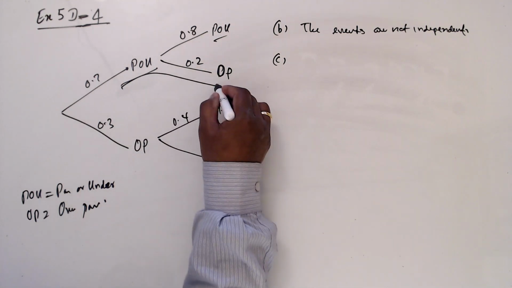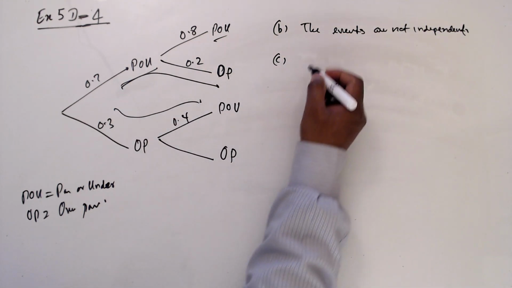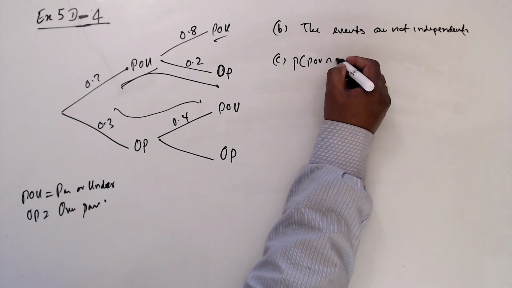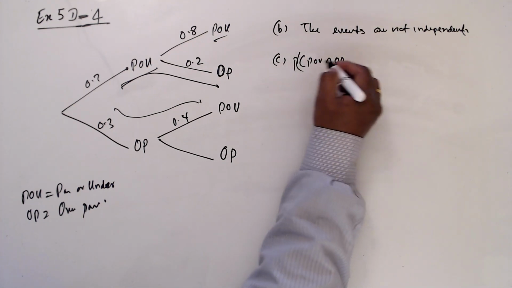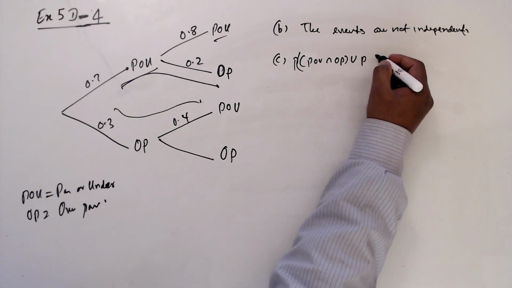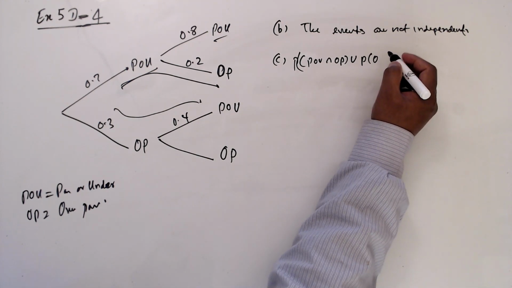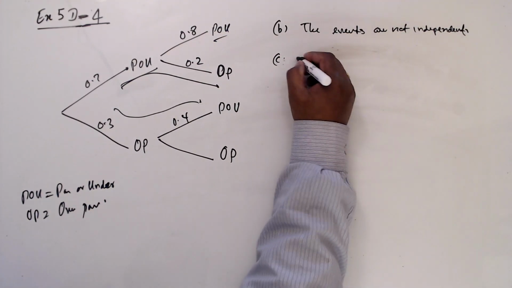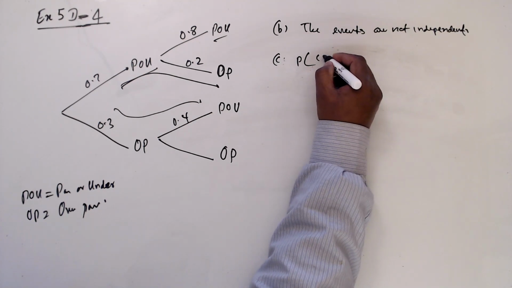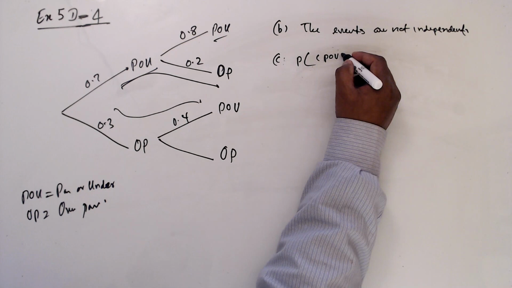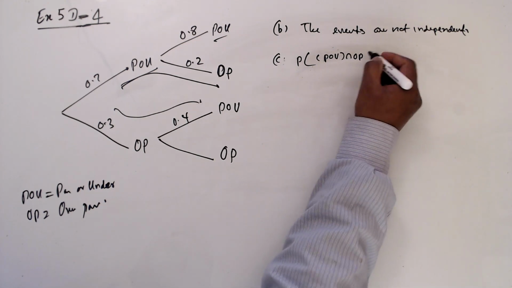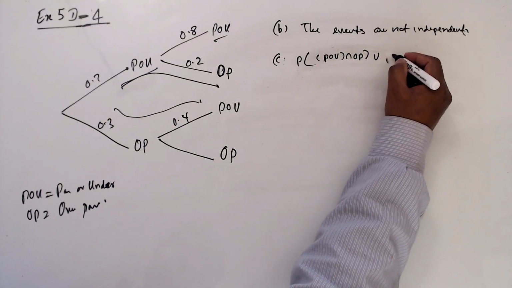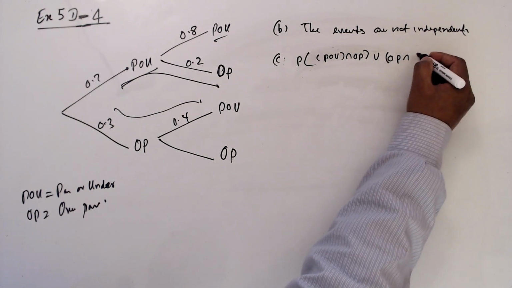So this is the route, and this is the route for this one. Probability of par or under intersection with over par, union probability of over par intersection par or under.